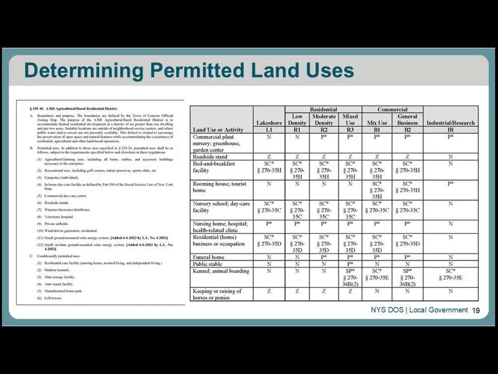You would have the zoning districts across the top, and then the land uses listed down the left side of the table, like the one on the screen. Sometimes they're lumped together by types of general land activity, residential versus commercial, maybe versus public service or institutional uses, or they might just be in alphabetical order in one big long list of uses.